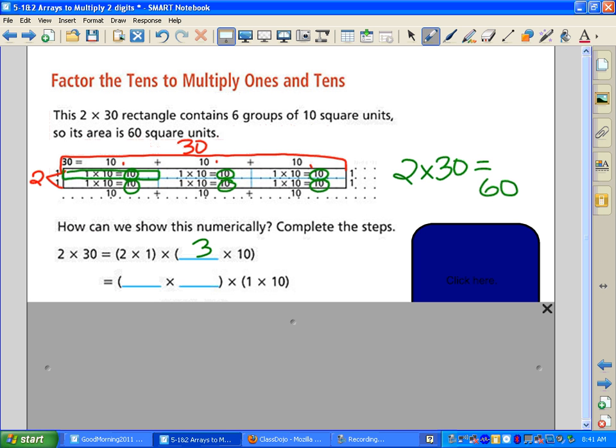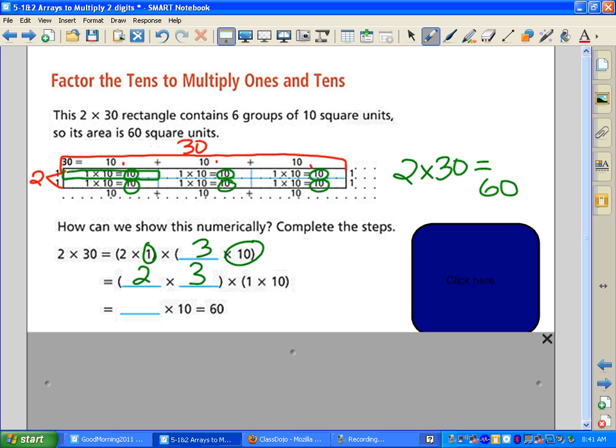So what else do I have left? I took out the 1 and the 10. What's left? 2 times 3. So what's 2 times 3? 6. And 1 times 10 is 10. So 6 times 10 gives me 60.